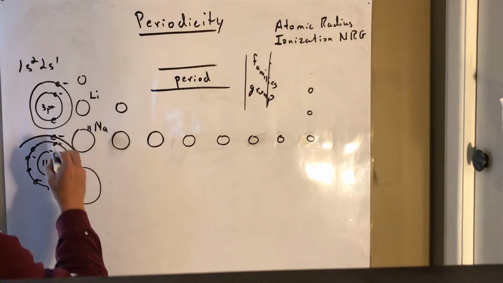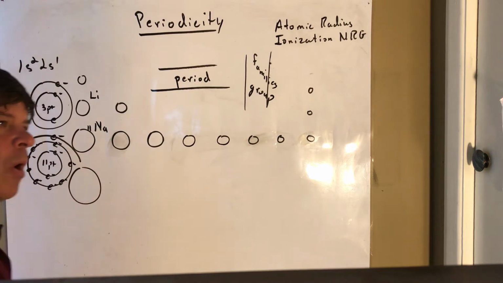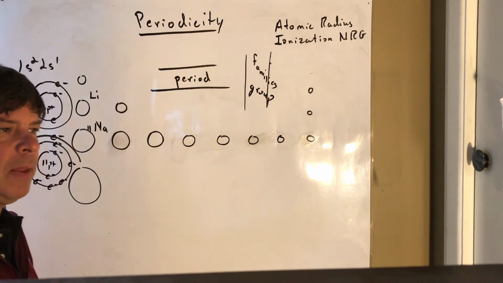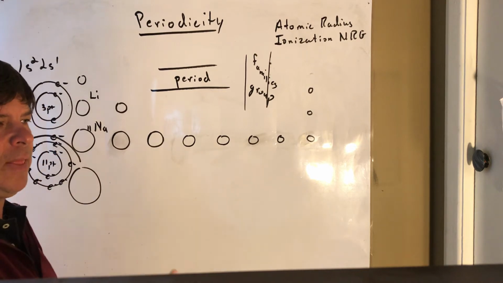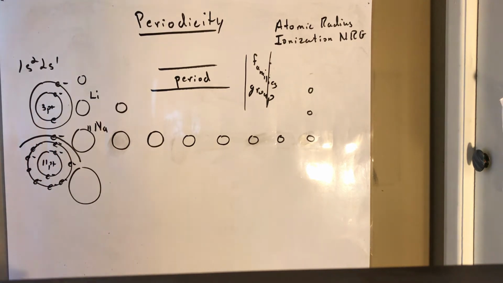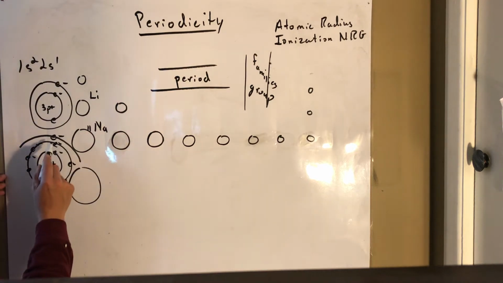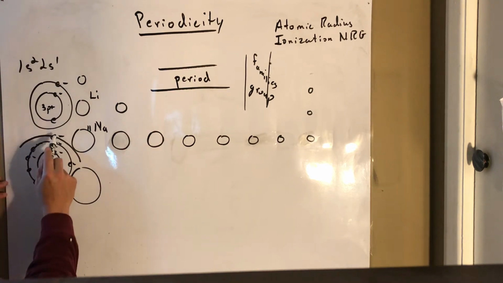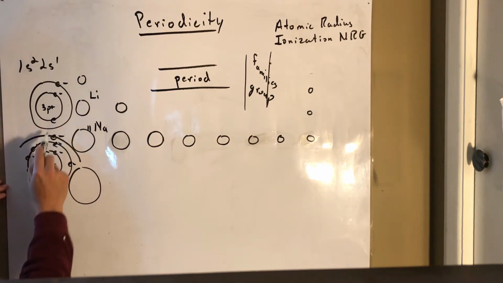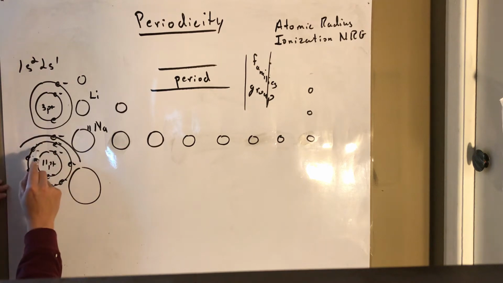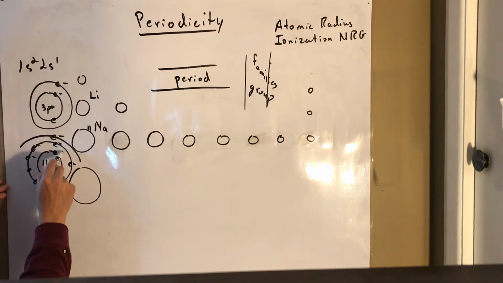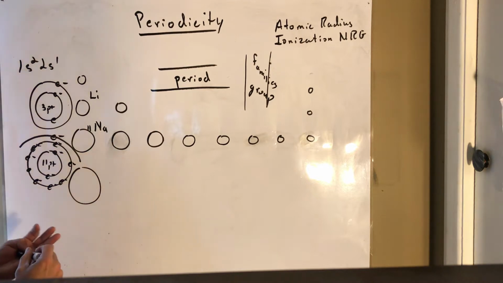Now, there is another reason. A lot of people would call it electron shielding. I think in the PowerPoint maybe I call it electron shielding. I don't really like that. If you think about this electron, of course it's being attracted to the nucleus, okay? But what are all these electrons doing to this electron?